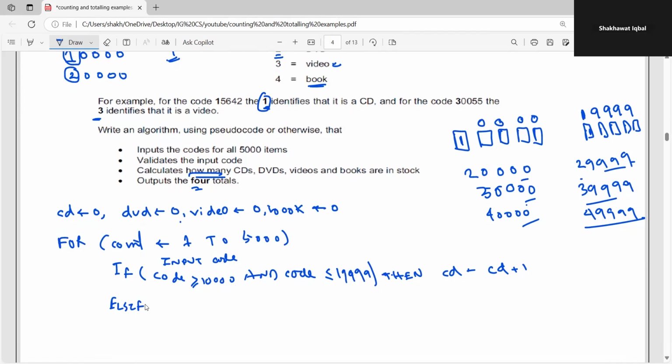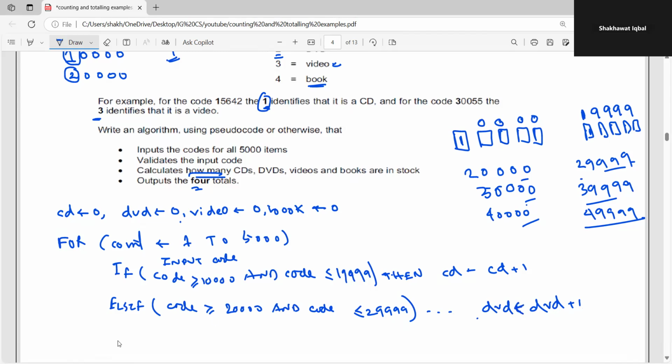Else if code is greater than or equals to 20,000 and code less than or equals to 29,999, then DVD is DVD plus 1.